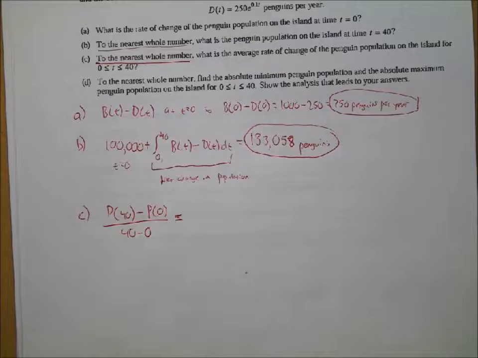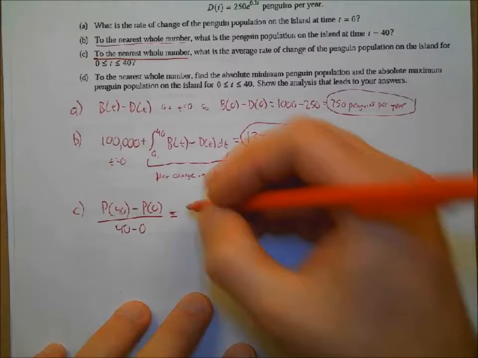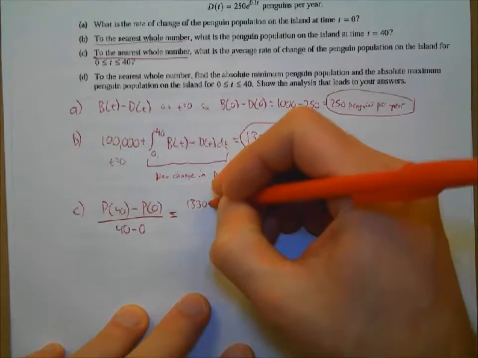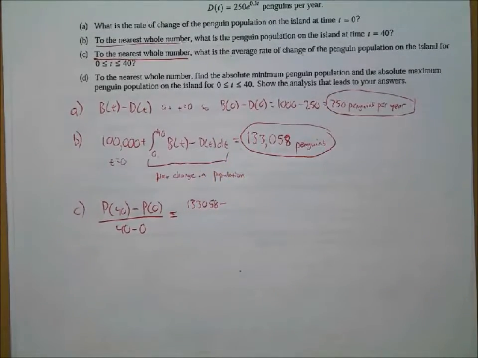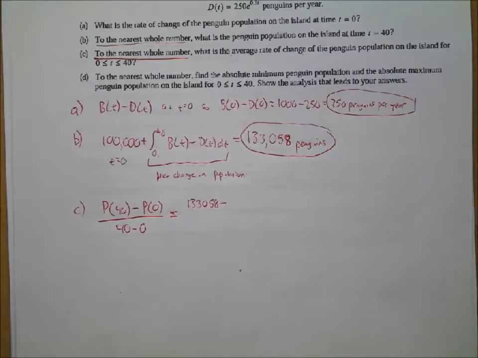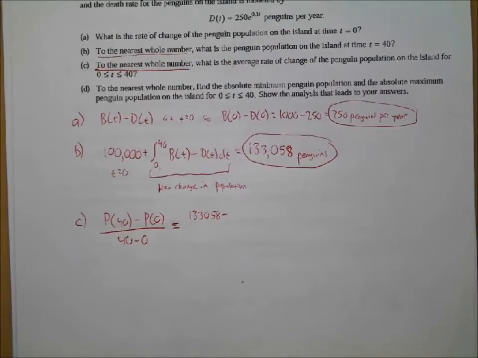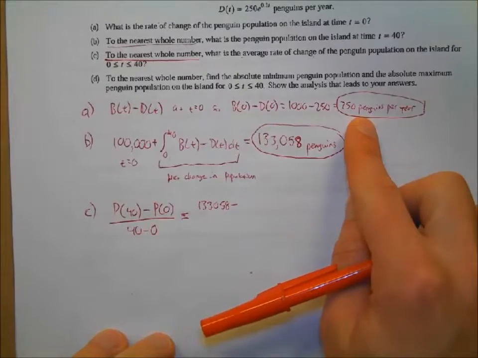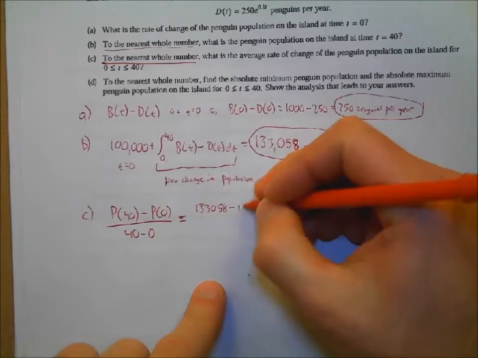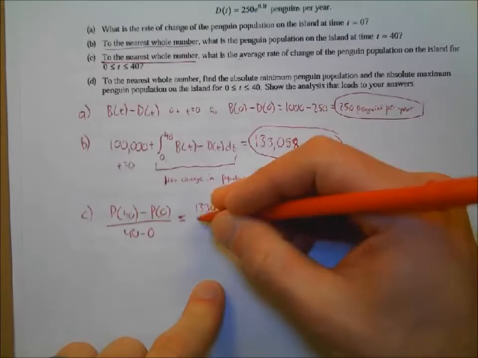What is p of 40? What we just got. Yeah, exactly right. 133,058. What's p of 0? Yeah, remember, p of 0 is the population at 0. P prime, the rate of change of the population, is 750. Does that make sense? So it should be 100,000 over then the 40 there.